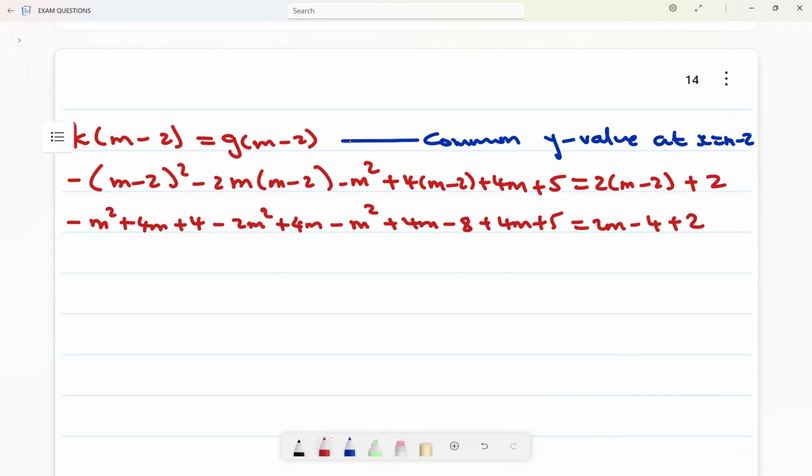Negative m squared minus 2m squared minus m squared. And then 4m plus 4m plus 4m plus 4m. I'll just subtract minus 2m. And then the constants that I'm left with, 4, negative 8 minus 4 plus 2 plus 5.